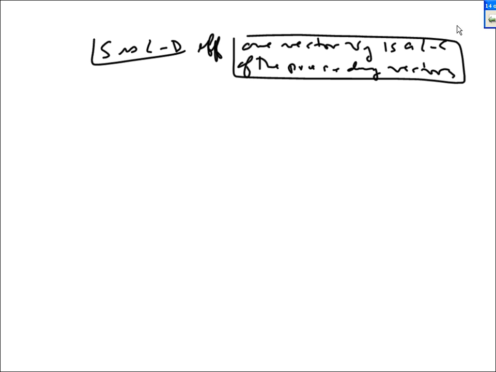We want to show that these two are equivalent. I've already shown that S is linearly dependent implies one vector is a linear combination of the preceding vectors. Now we have to go the other way.